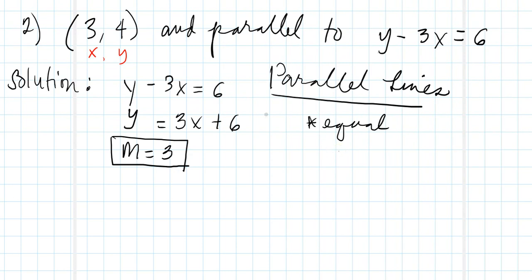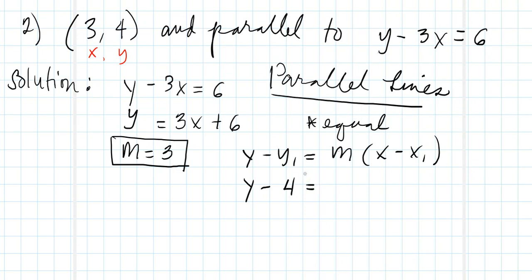So now we write the equation y minus y sub 1 equals m times x minus x sub 1. Substituting, y minus 4, your slope is equal to 3, times x minus 3. So y minus 4 equals 3x minus 9.